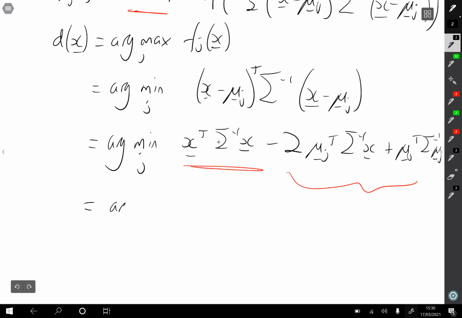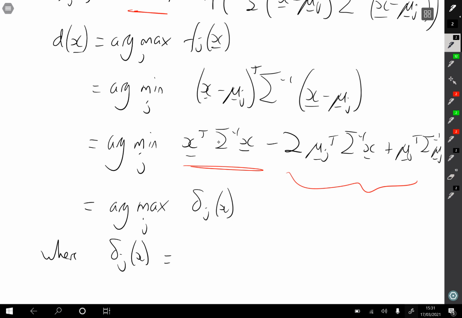This is the same as maximizing, with respect to j, delta j of x, our discriminant function, which is 2 mu j transpose sigma inverse x minus mu j transpose sigma inverse mu j.